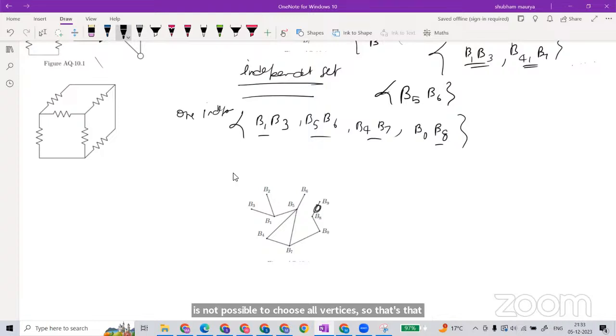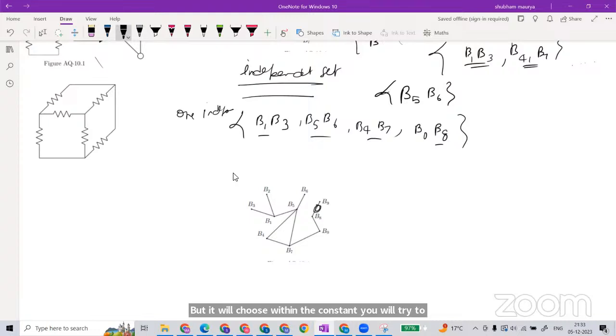If you choose another edge, surely they are going to share a vertex. So that is one error I made. It is not going to choose all edges, sorry, all vertices, but it will choose within the constraint. It will try to choose the maximum number of vertices.